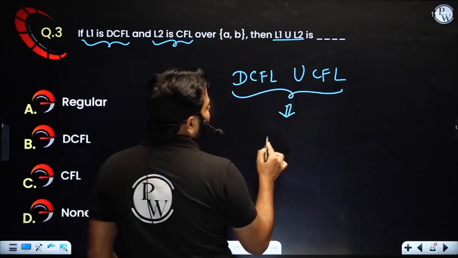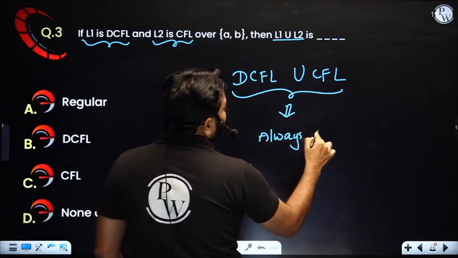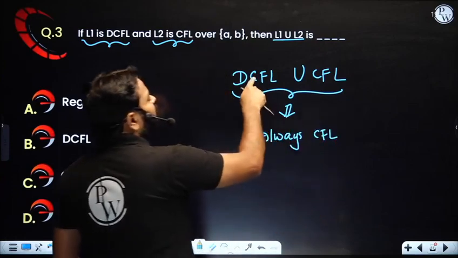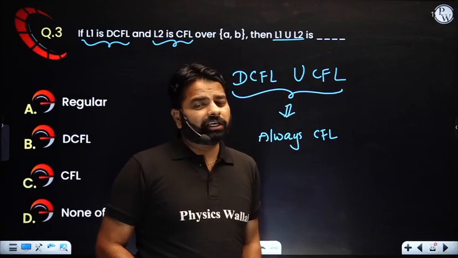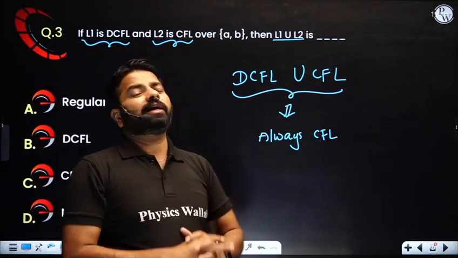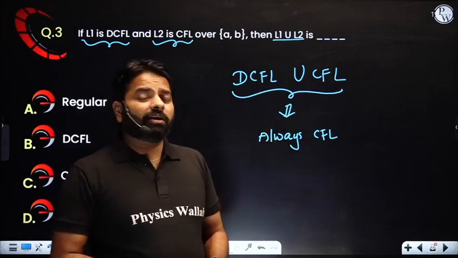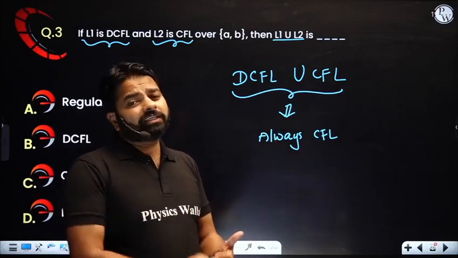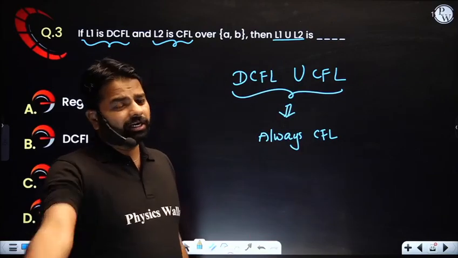DCFL union CFL is always CFL. Why is that? For the DCFL you can write a context free grammar, and for the CFL you can write a context free grammar. You can do the union, and you always get a CFL. When it is always CFL, you can answer always context sensitive, always recursively enumerable. That's obviously true, using the implication concept.